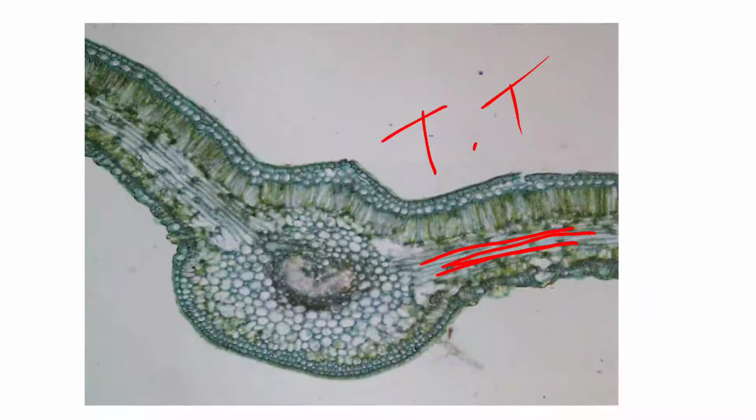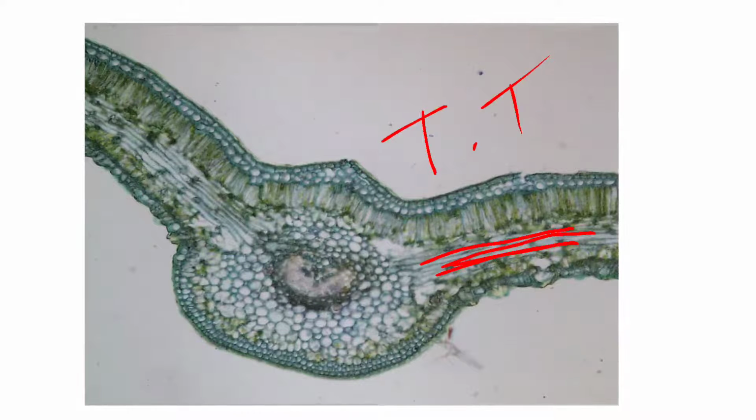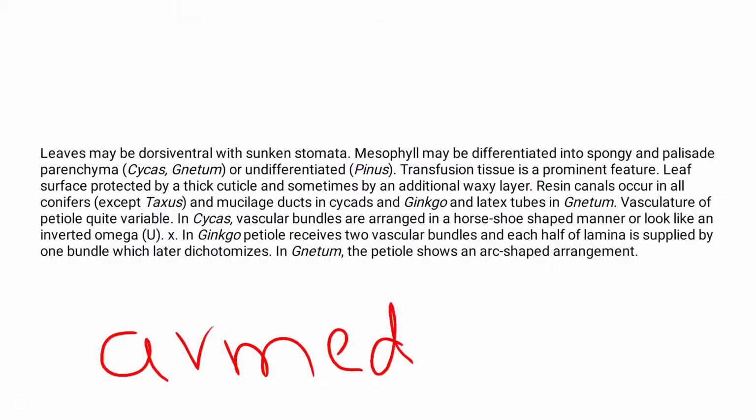So while explaining the anatomy of Cycas leaf, I will explain to you about the transfusion tissue. This is an important character commonly seen in Cycas leaf. And the armed parenchyma are nothing but the undifferentiated mesophyll cells which are present in the Pinus needle.